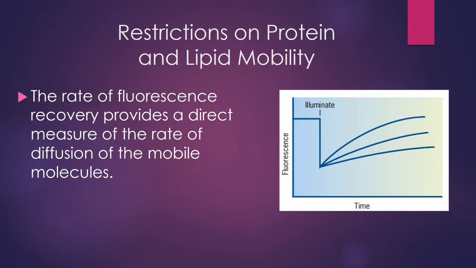The rate of fluorescence recovery provides a direct measure of the rate of diffusion of the mobile molecules. The extent of fluorescence recovery provides a measure of the percentage of the labeled molecules that are free to diffuse.